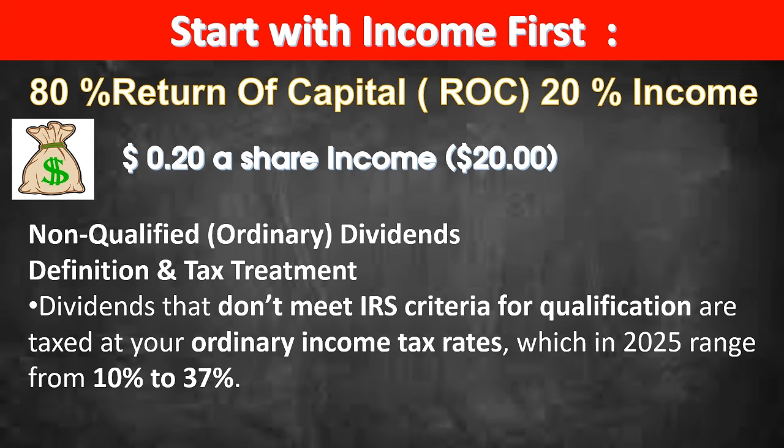Dividends that don't meet the IRS criteria for qualification are taxed at ordinary income rates, which in 2025 is 10 to 37%. So on an 80-20 distribution, you're only paying 10 to 37% on the $20 that you received. Kind of simple, very easy, basic to understand.